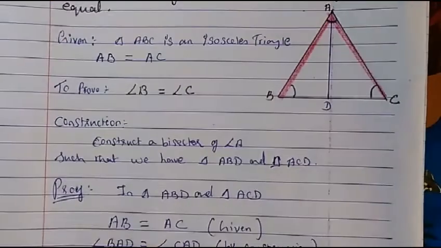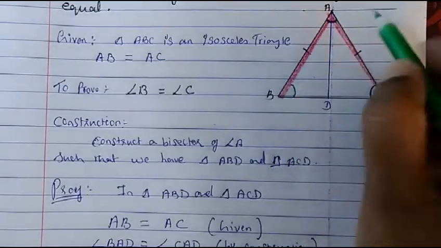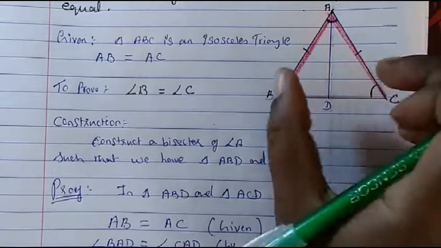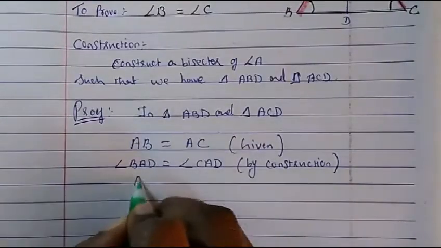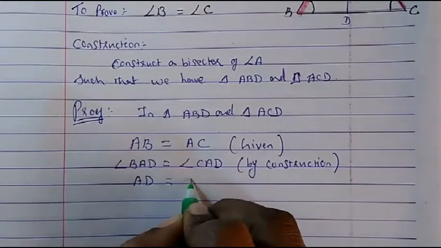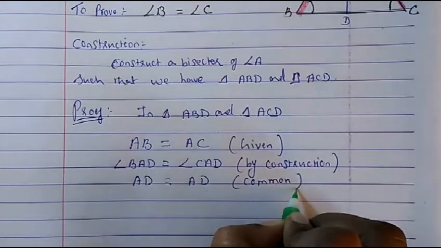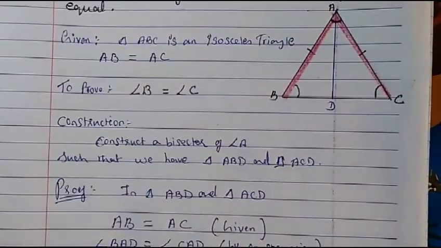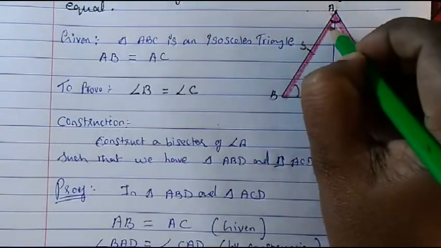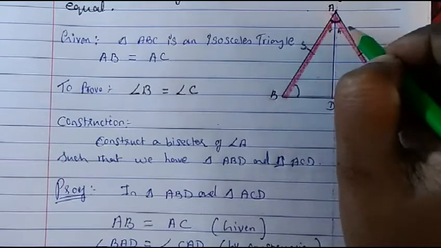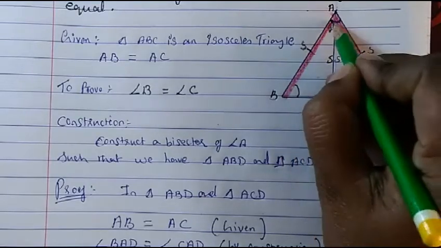Now next, these two sides are equal, and then AD is common for both the triangles. This is a common thing, so it will be equal only. So AD will be equal to AD because it is common for both triangles. So now you see, we have this side equal to this side, this angle equal to this angle, then this side equal to this side.